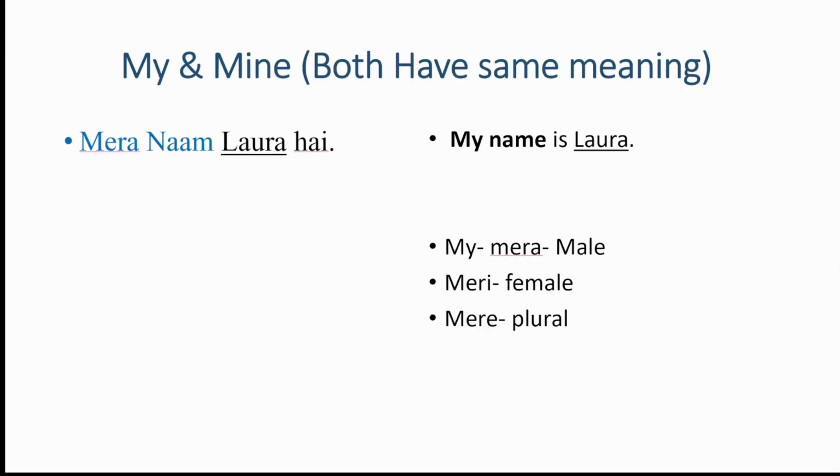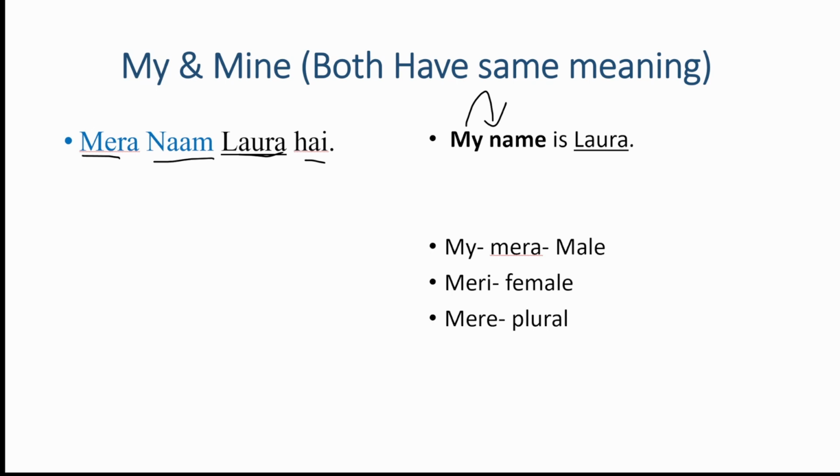Here you can say, if your name is Laura and you want to say my name is Laura, so my name, मेरा name is Naam, and then Laura hai. You can ask me that Laura is a girl's name, but still you are using मेरा, because the meaning of my will depend on what you are writing just after my. Here we are writing name, so it will be मेरा.